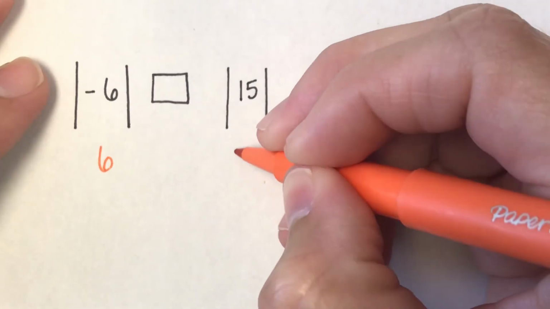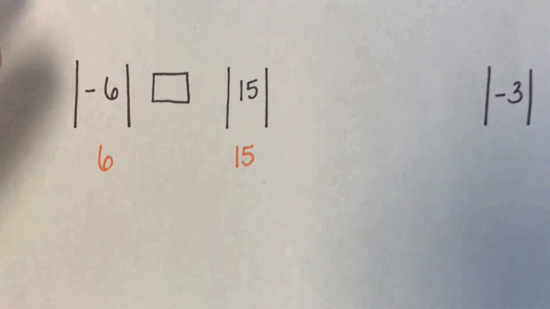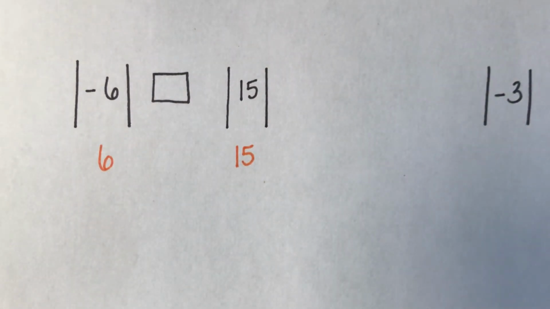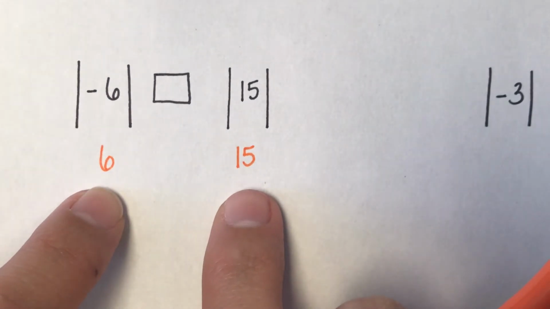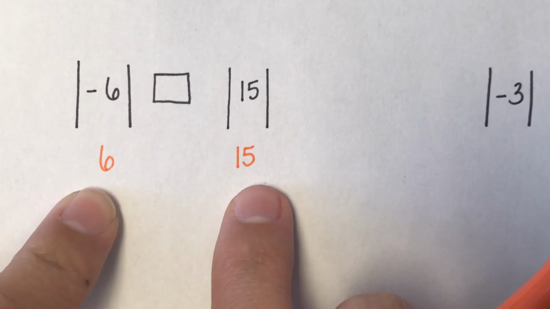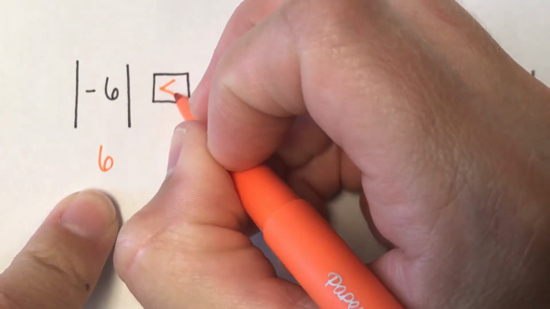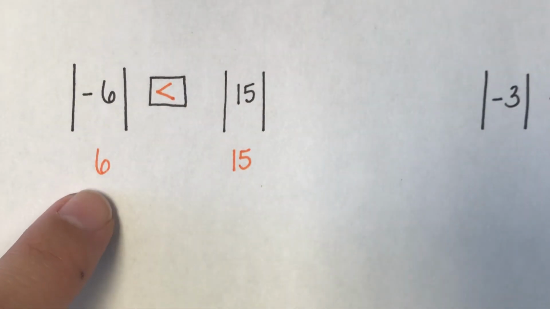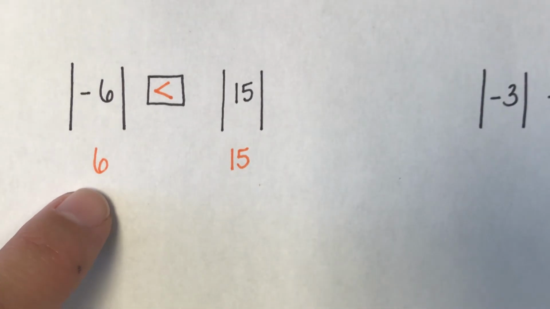And that would be 15. Okay, so don't get absolute value and opposites confused because they're not the same. Okay, absolute value is always how many jumps it takes to get to that number. So now you're just comparing these two numbers, 6 and 15. Which one's greater? Well, obviously the 15 is greater, so therefore my alligator eats that one.